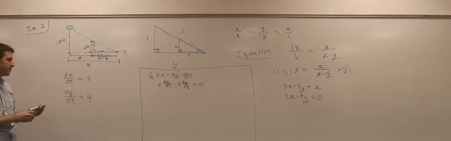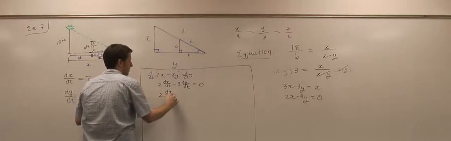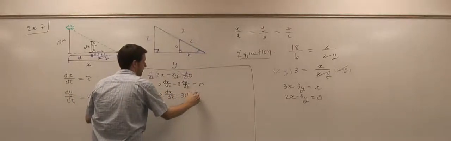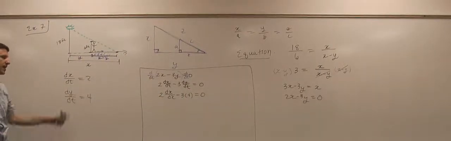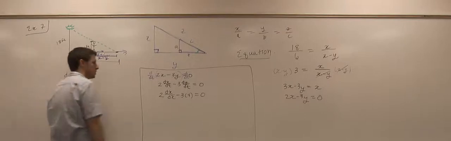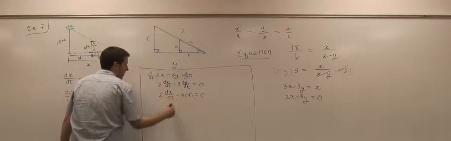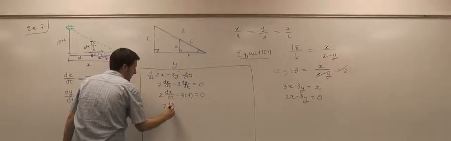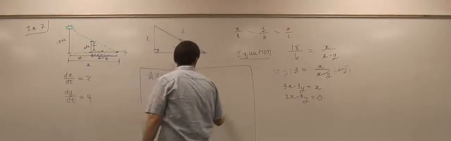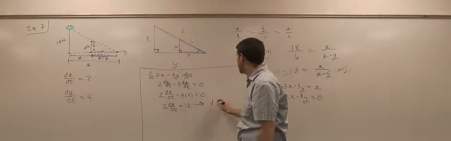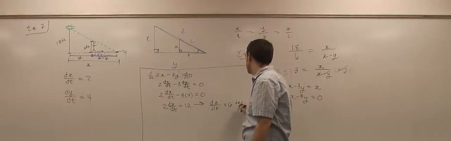I know dy/dt, it's 4. So then I can add the 12 over and divide by 2. 2 dx/dt equals 12, divide by 2, dx/dt equals 6.